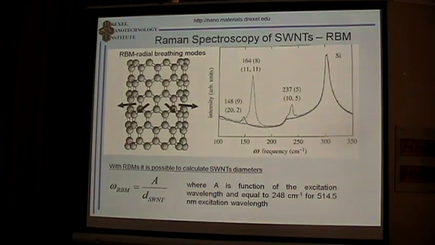However, again a disclaimer. You need to be careful because interaction between the tubes in the bundle, or if you have single tubes on the substrate, will also be able to shift the frequency to a certain extent.